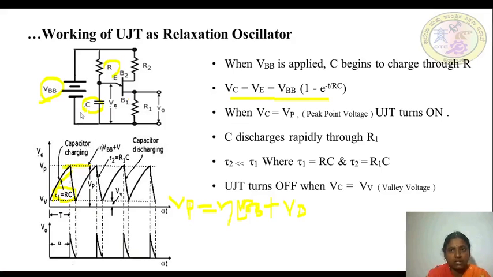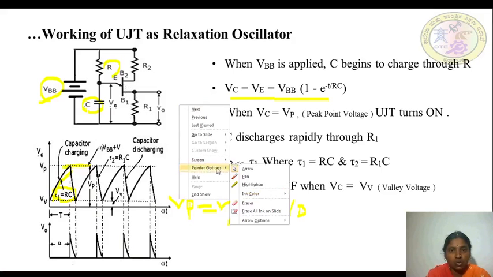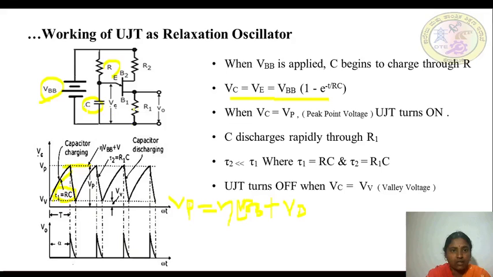As a result, the UJT turns on and capacitor C rapidly discharges through this low resistance R1. So this is the low resistance R1. Through this, the capacitor which was charged through the resistor R is going to discharge. So this is the discharging path of the capacitor.